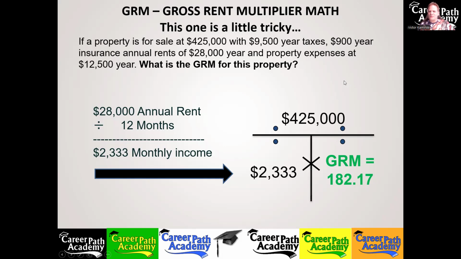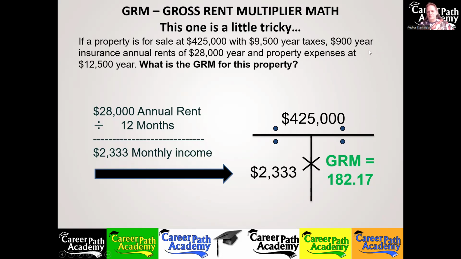If you're one of those people who just taps every number into the calculator trying to see if it'll come out to one of the multiple choice answer options, you're not going to get it. Because you don't need this number, you don't need this number. You only need the value of the property and the annual rent to figure this out, and you have to reverse engineer that annual rent to get the monthly.